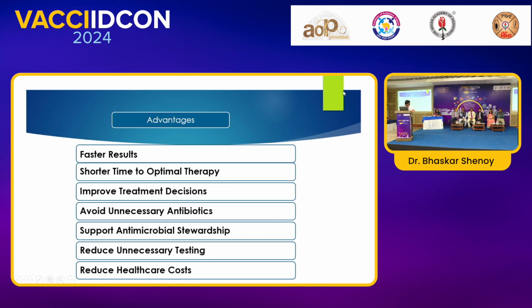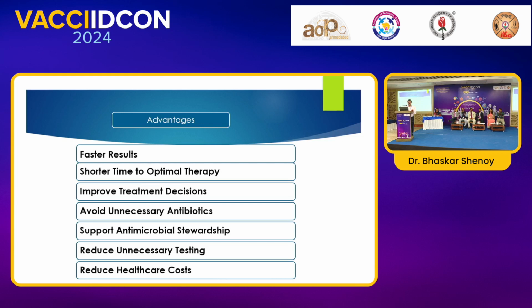Advantages? Various advantages, as sir said, it is very fast. With the latest advancement of technology, real-time PCRs, multiplex PCR, within 1 hour you can get the report, and a shorter time to optimal therapy, and it improves the treatment decisions.